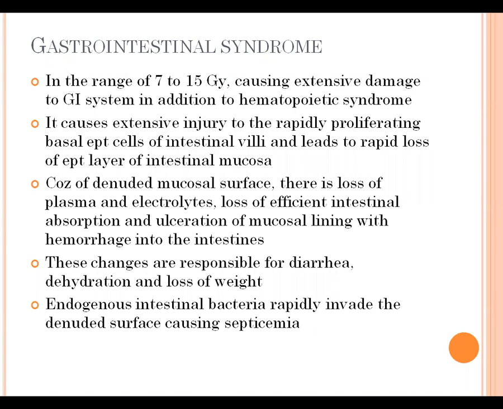So there will be thickening, irritation, ulceration of the inner lining of the mucous membrane, and more chances of hemorrhage, and there will be loss of plasma electrolyte levels, and these changes are responsible for diarrhea, dehydration, loss of weight due to electrolyte imbalance. And endogenous intestinal bacteria rapidly invade the denuded surface and cause septicemia.